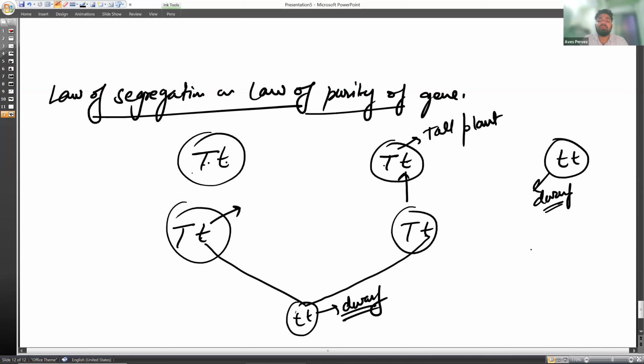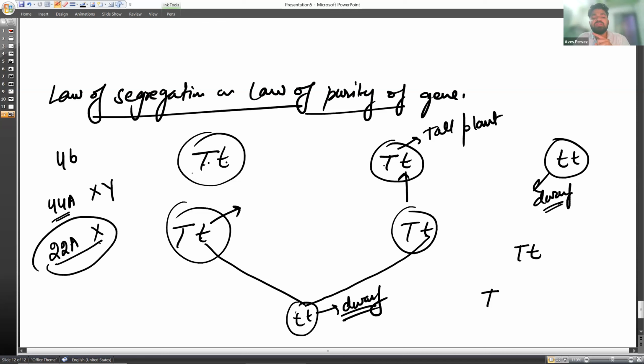During the time of gamete formation, when we have capital T and small t, each gamete is going to receive a particular gene. Like I was telling you, in males we have 46 chromosomes, out of which 44 are autosomes and 1 X and 1 Y. When the gamete is formed, we have 22 autosomes, and the sperm will either have X, making it 23, or Y. It cannot have both.